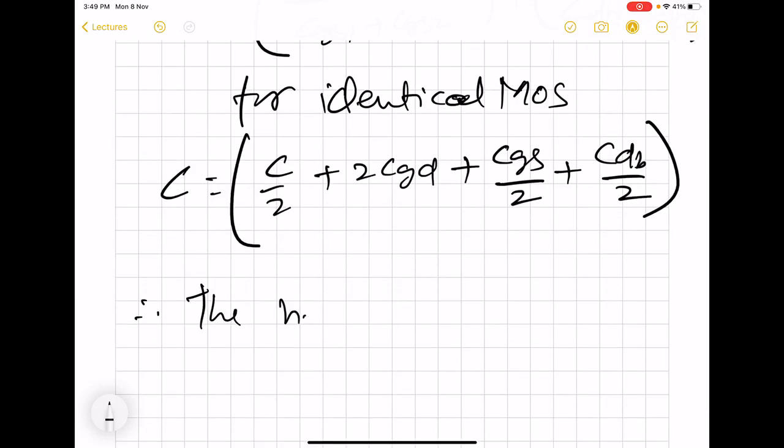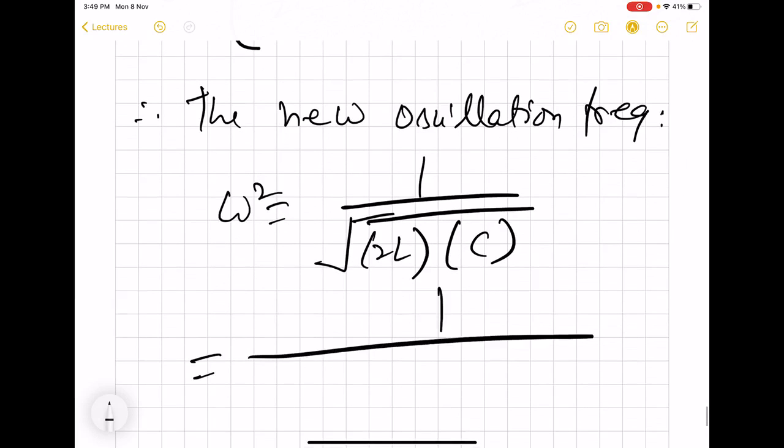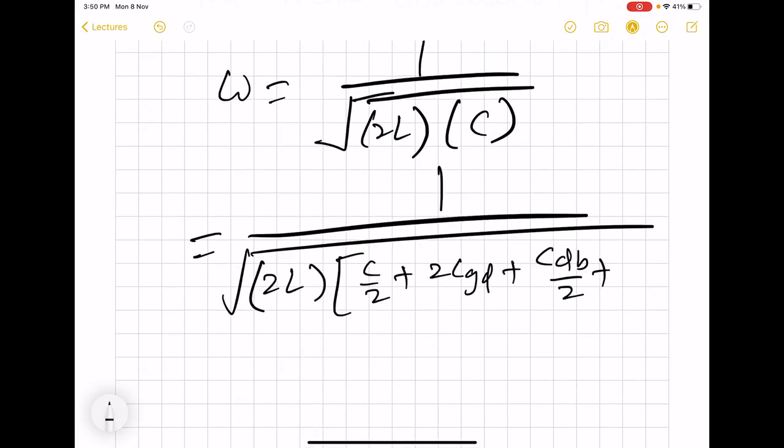Therefore, the new oscillation frequency, omega, will be equal to 1 by square root of total parallel inductance, which is 2L, and total capacitance. So this is 2L into C by 2 plus 2 CGD and CDB by 2, and then we have CGS by 2.